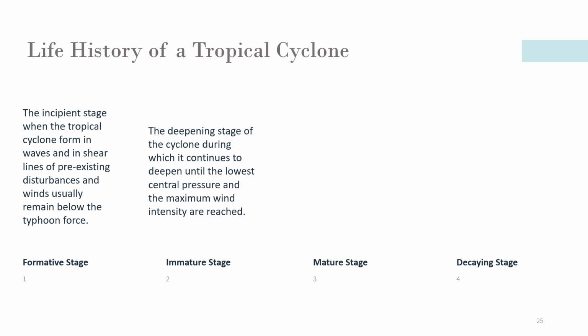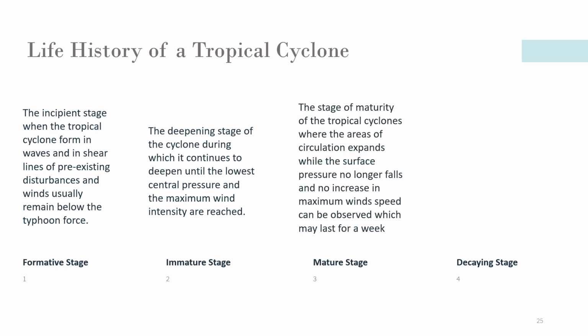The third stage is the mature stage, when the area of circulation expands while the surface pressure no longer falls and the maximum wind speed does not increase, and it can be observed within a week, or it may last for a week.